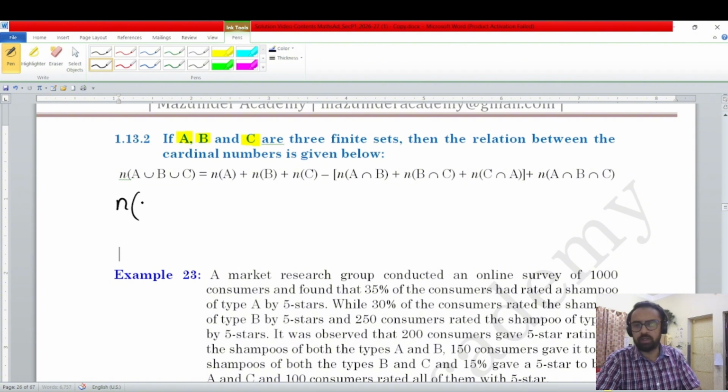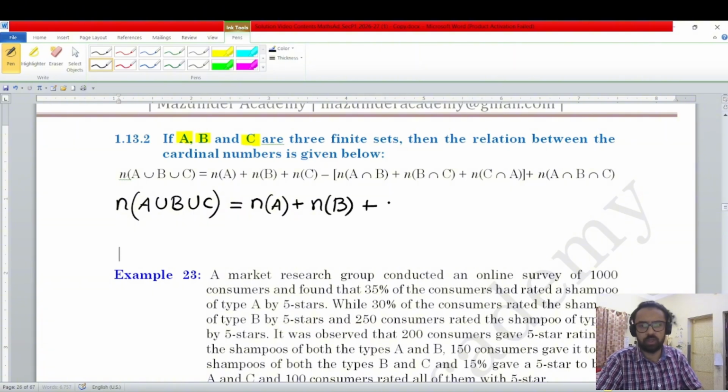n cardinality of A union B union C. Before it was 2 sets, now it is 3 sets. So how will it move? Individual cardinalities n of A plus n of B plus n of C. These are all plus.